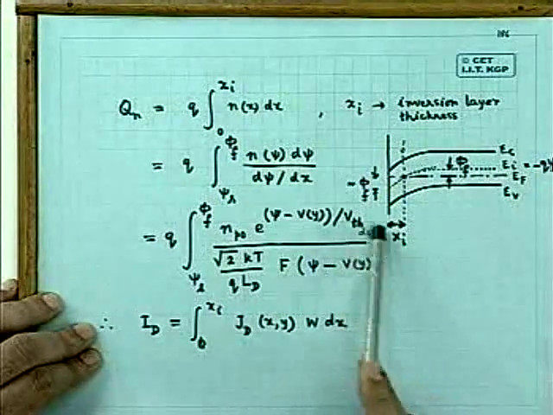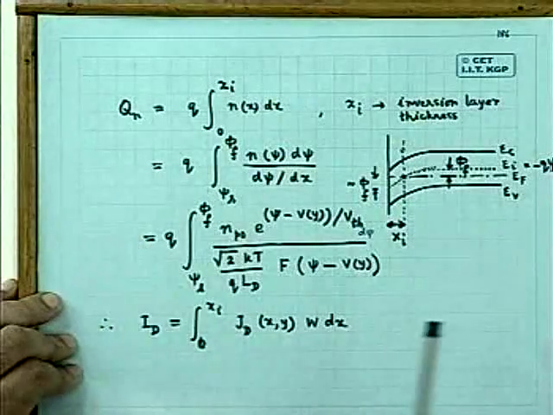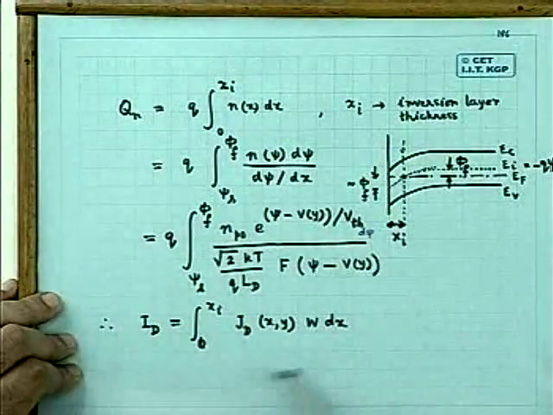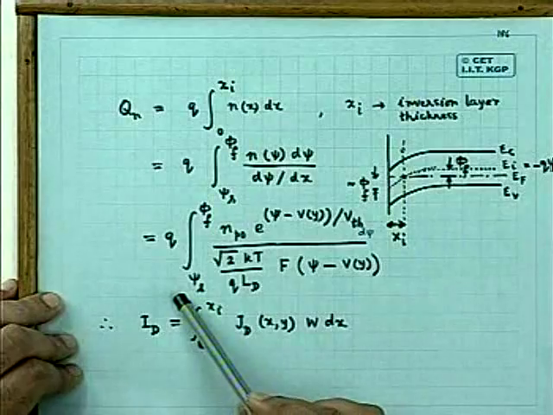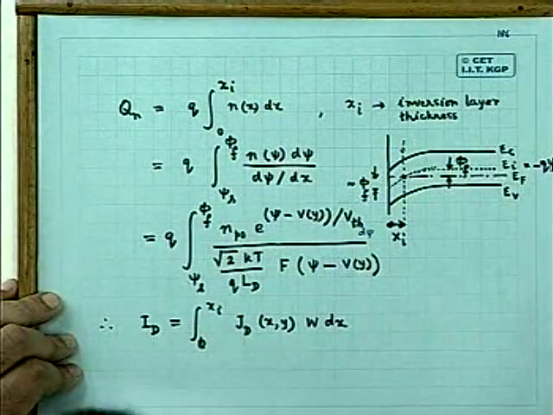This d psi was dropped in the last equation, so d psi should be included. So this is how we can find a more accurate expression for Qn, which is the charge density in the inversion layer per unit area, performing an integration over potential, not over distance.